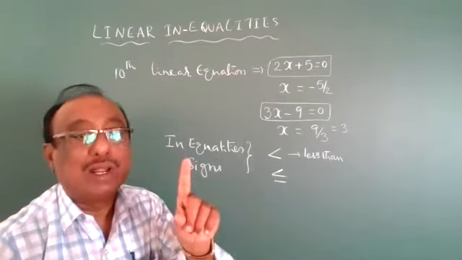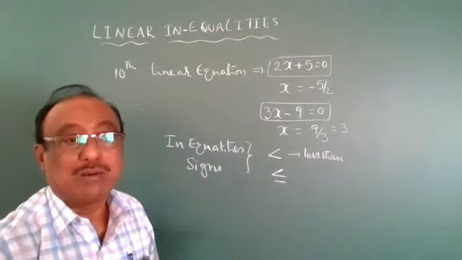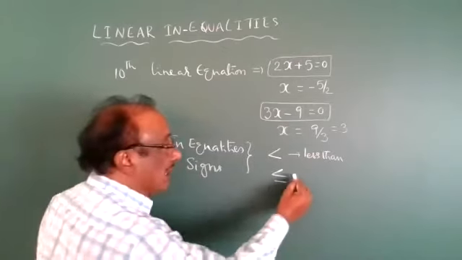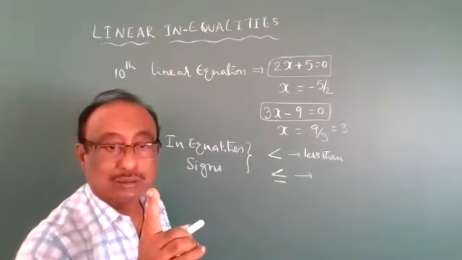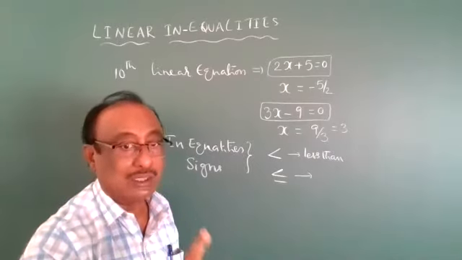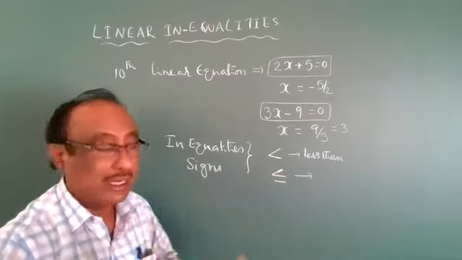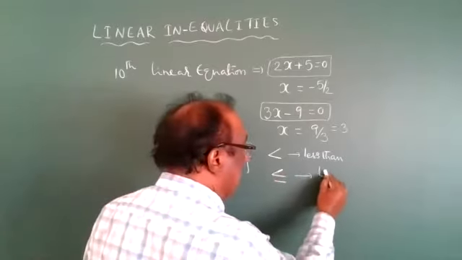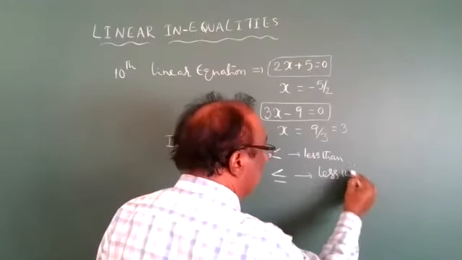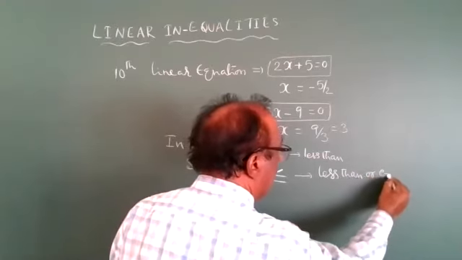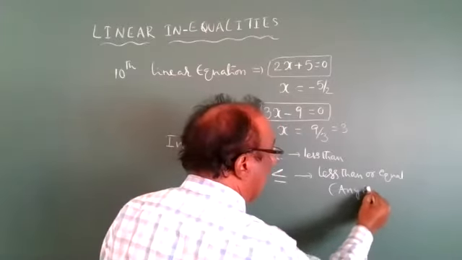In this one, any one is applicable: either it becomes less than or it becomes equal. Only one applies, not both. So this is less than or equal, either less than or equal.